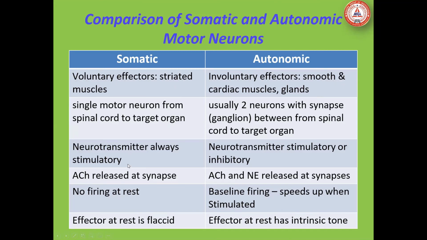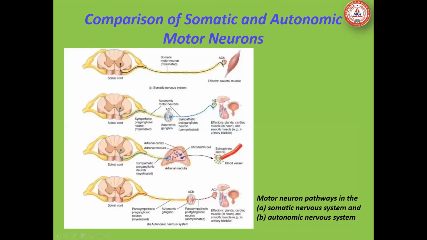Somatic: neurotransmitter always stimulatory. Autonomic: neurotransmitter may be stimulatory or inhibitory. Somatic: acetylcholine released at the synapse. Autonomic: acetylcholine and norepinephrine released at the synapse. Somatic: no firing at rest. Autonomic: baseline firing that speeds up with stimulation. Somatic: effector at rest is flaccid. Autonomic: effector at rest has an intrinsic tone.